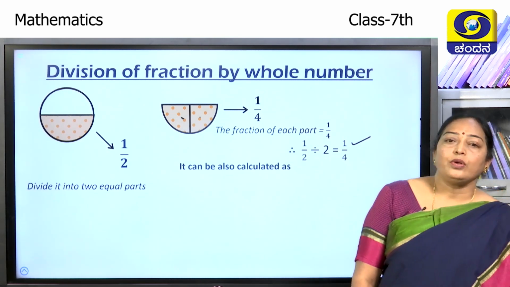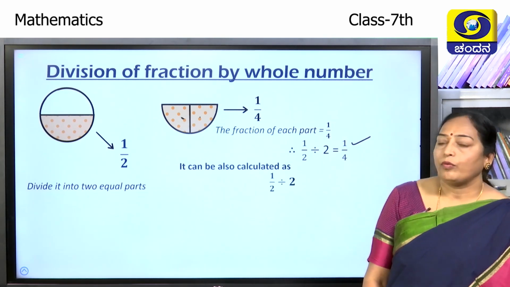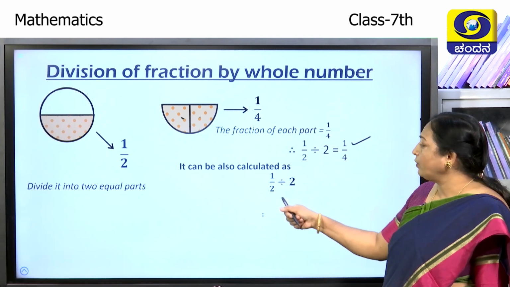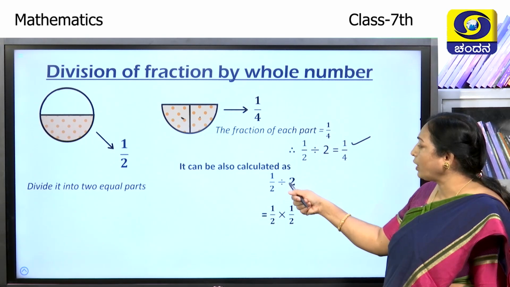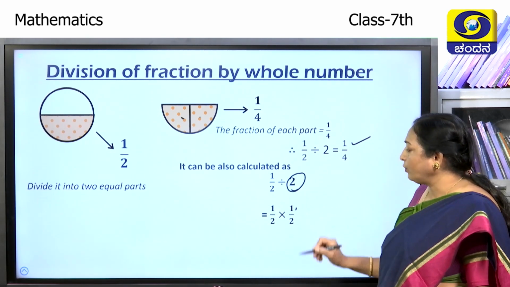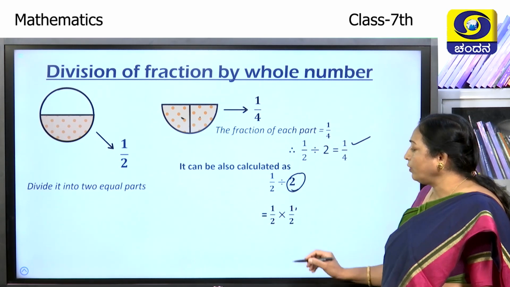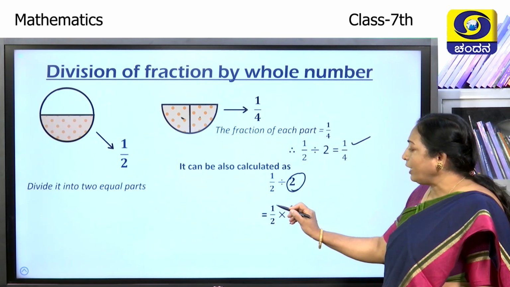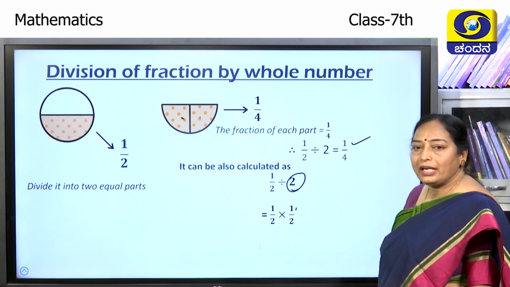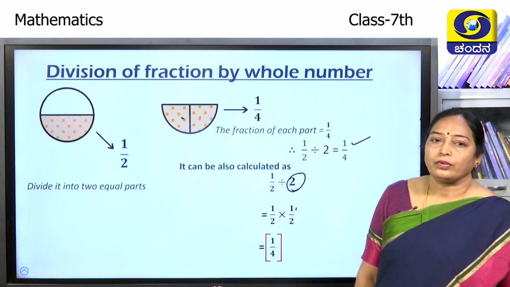It can also be calculated as 1 by 2 divided by 2, 1 by 2 into the reciprocal of 2, that is 1 by 2. 1 by 2 into 1 by 2, we multiply numerator and numerator, denominator and denominator, and we get 1 by 4.